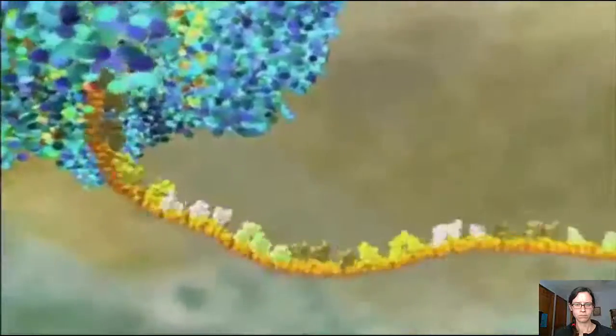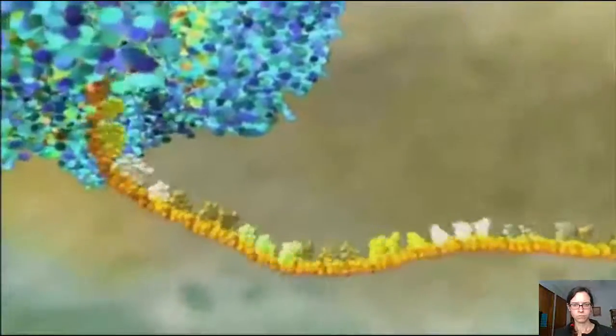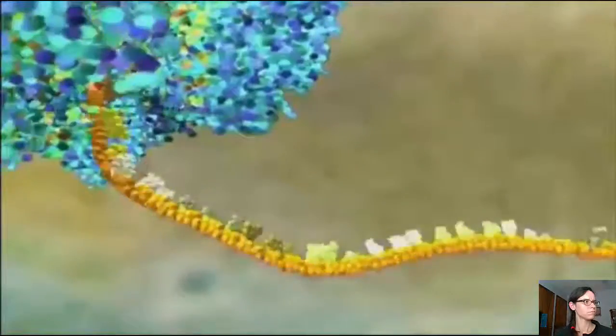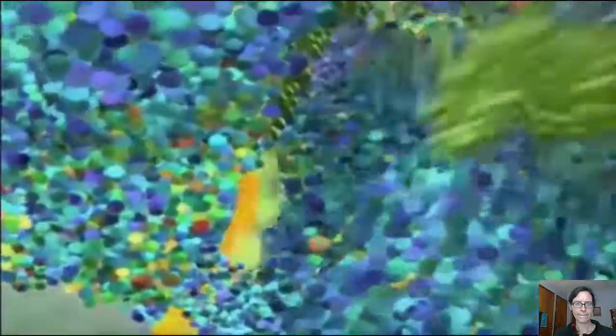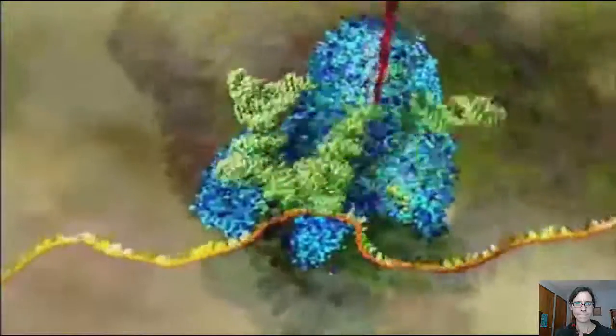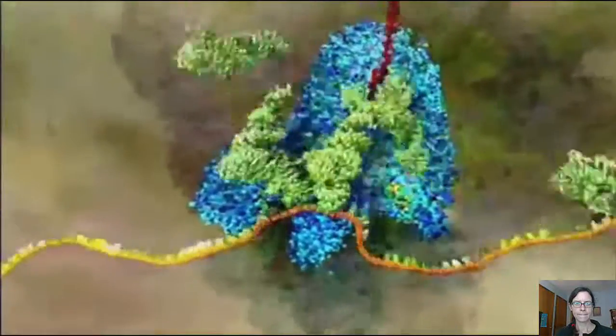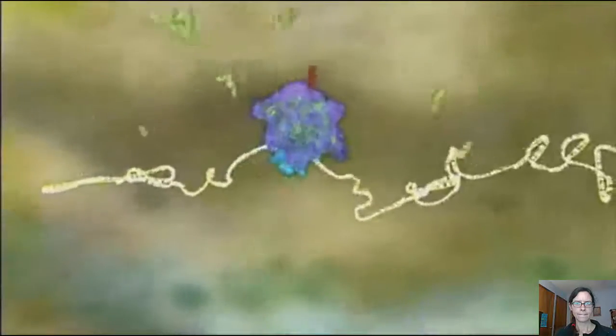The code for each amino acid is read off, 3 letters at a time, and matched to 3 corresponding letters on the transfer molecule. When the right transfer molecule plugs in, the amino acid it carries is added to the growing protein chain.